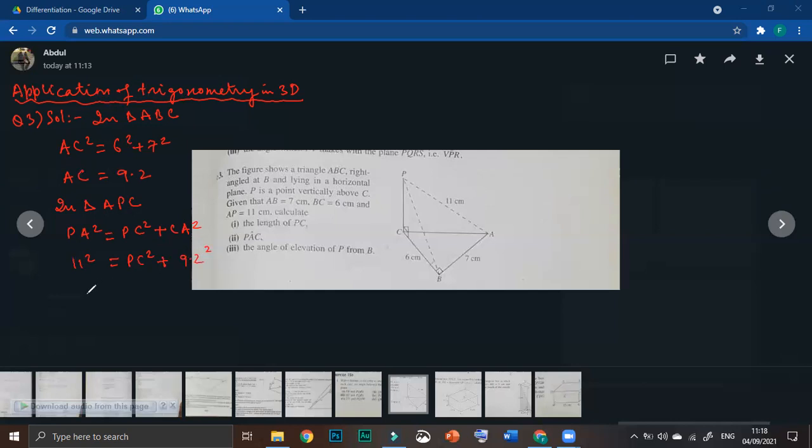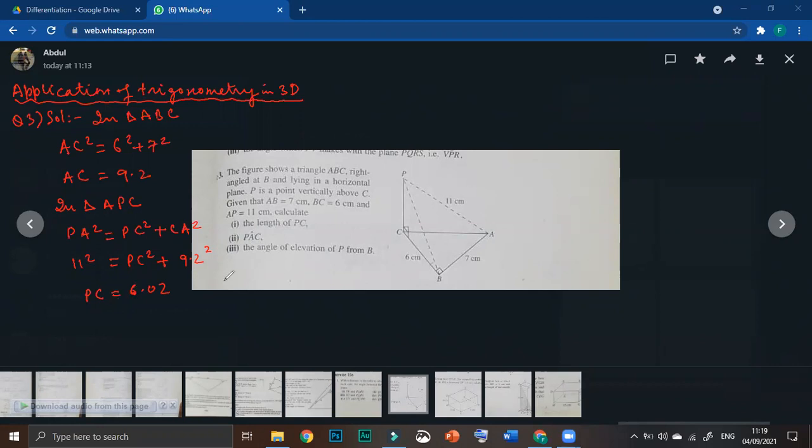And what is the final answer of PC, please? Use your calculator to find out PC. The final answer is 6.02. So we have the value of PC.